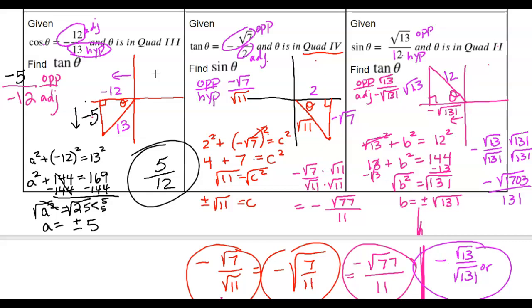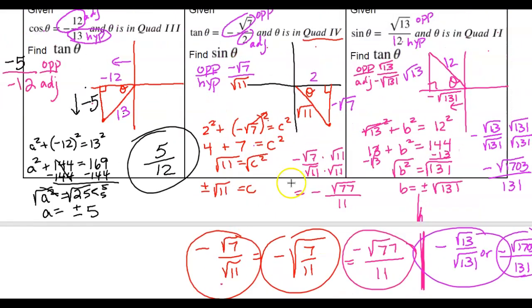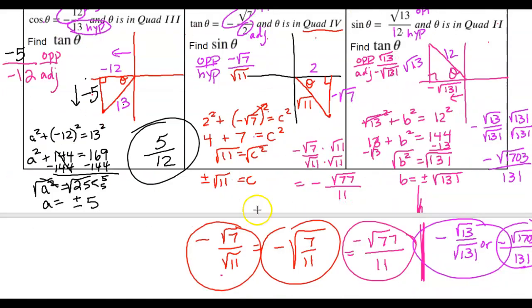Or, let's say, negative root 1703 over 131. I literally am fine with either answer. As long as it's negative and I see it's rationalized or not, that doesn't bother me at all. I think there's enough other skills here that are testing the knowledge that's important. So go ahead and give those problems a try and see how you do.